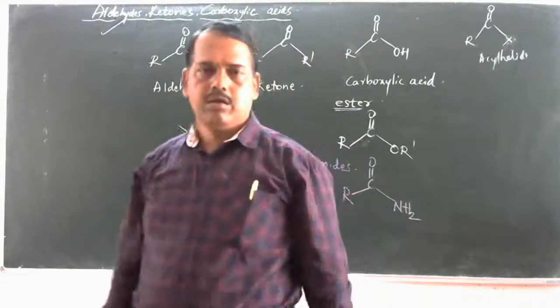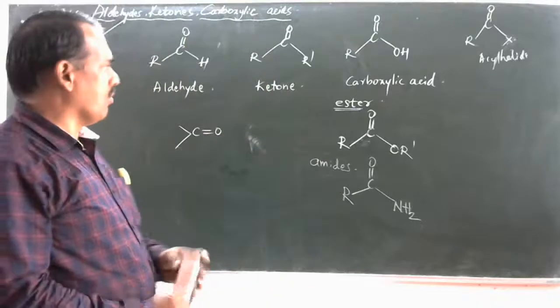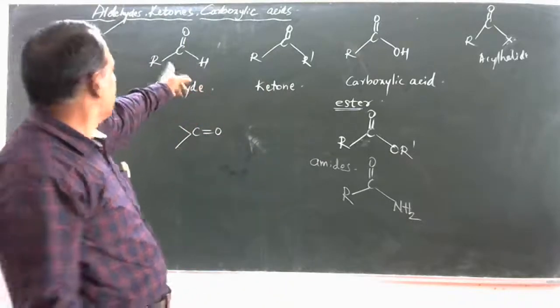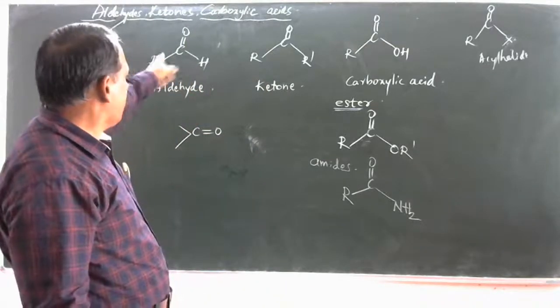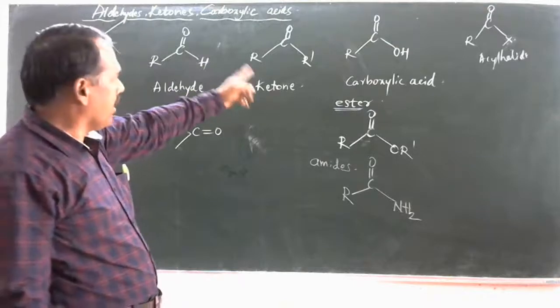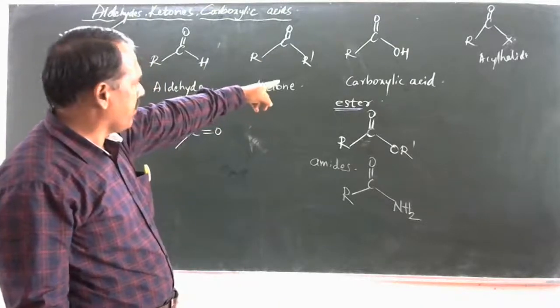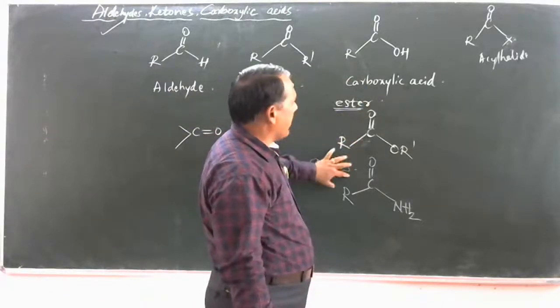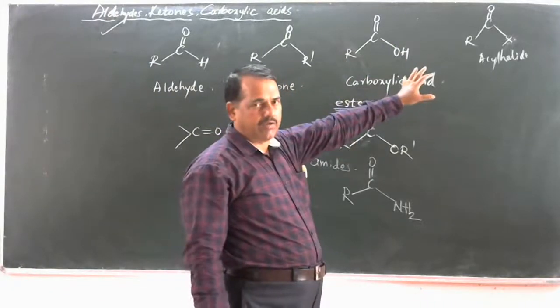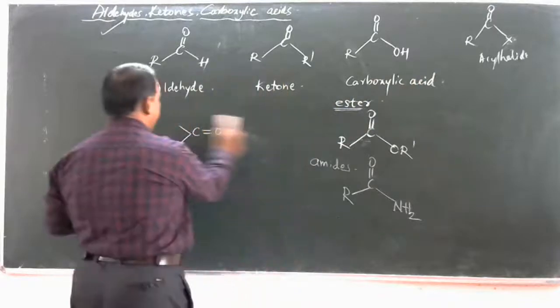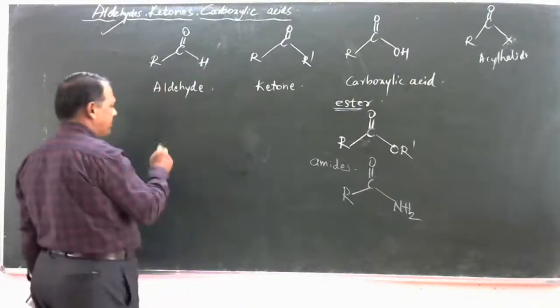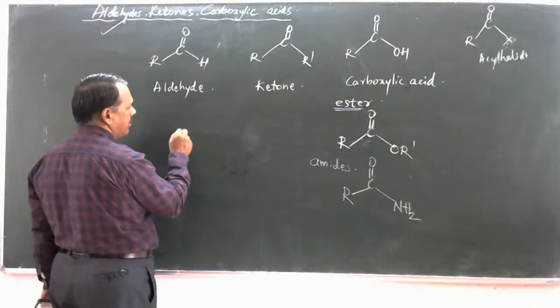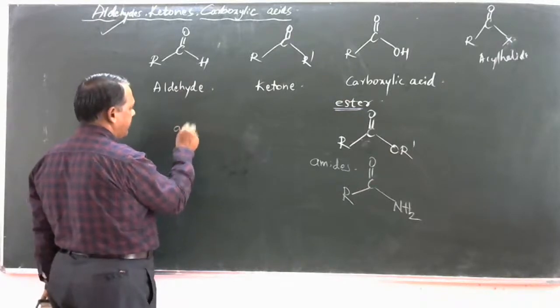It may be chlorine, bromine, or iodine. So, we have aldehydes, ketones, and carboxylic acids. The derivatives of carboxylic acid are esters, amides, and acyl halides, and another class of derivative of carboxylic acid is anhydrides.